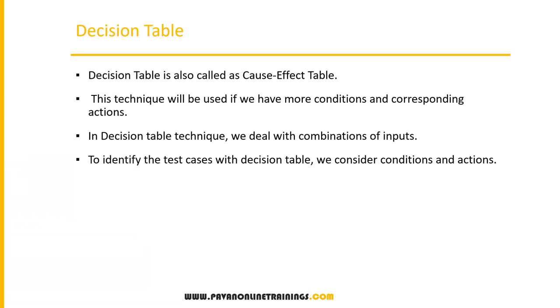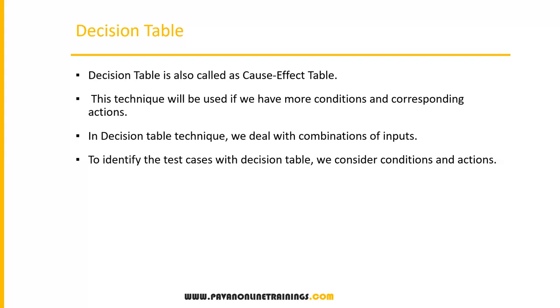Now the decision table is also called a cause and effect table. This technique will be used if we have a large number of conditions and corresponding actions. Sometimes you have scenarios where you need to verify a lot of conditions.